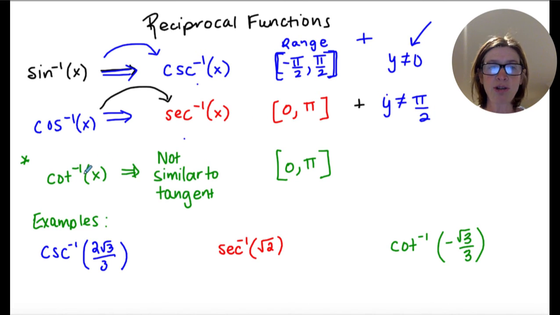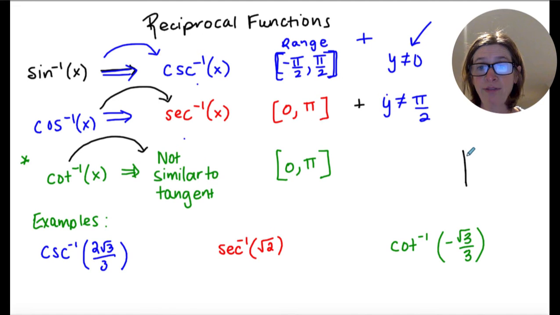And this is where it gets tricky, and we often forget this, because sine and cosine relate to cosecant and secant. We want to believe that cotangent relates to tangent, but when we're talking about the inverse, it doesn't. Yes, it's a reciprocal function to tangent, but its inverse is different. Think about the graph.